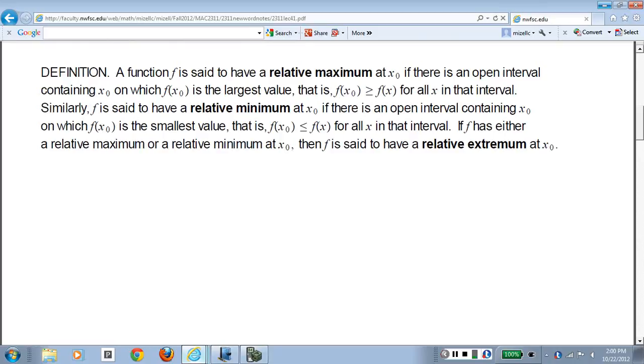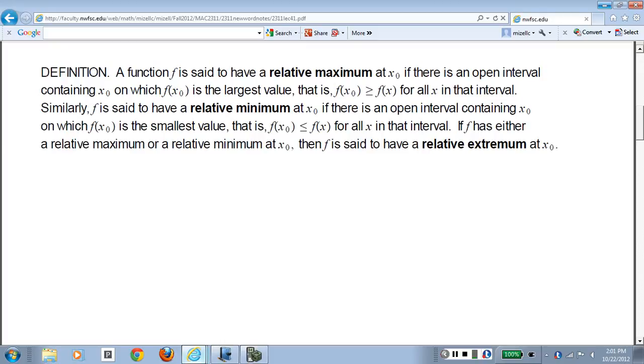When we talked about a minimum or maximum, and didn't put the word relative in front of it, basically that meant absolute maximum in the interval, absolute minimum in the interval. And it was important to consider the function value, that maximum value or the minimum value, to evaluate the function there. For the existence of a relative minimum, or to say it has a relative minimum or relative maximum, it's not going to be as crucial for you to tell me the value of that relative maximum or relative minimum.